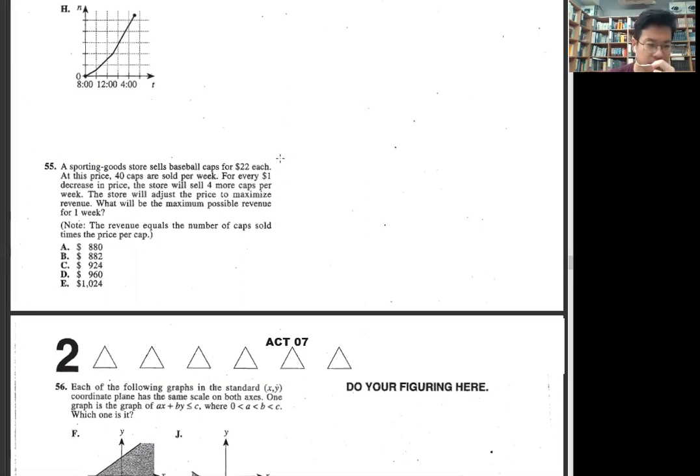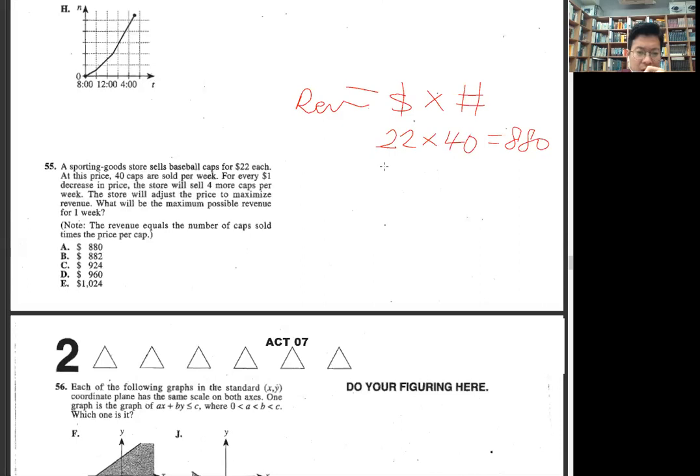Okay, so the maximum revenue means price times how many. Right now, 22 times 40 is 880. If you reduce 1, which is 21, then it's going to be 44.